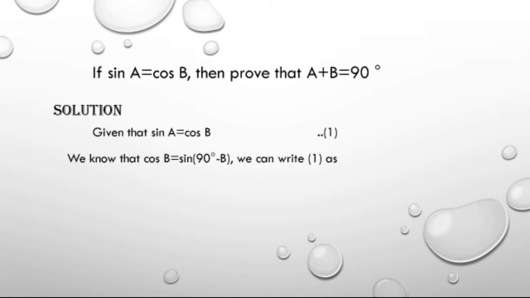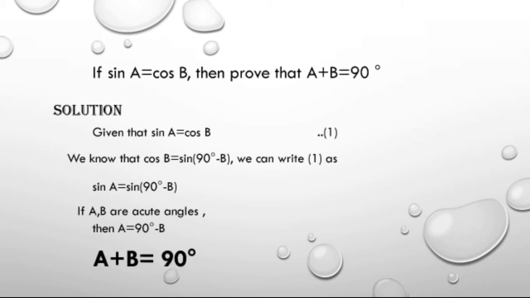So we can write 1 as sin A equal to sin(90° − B). If A, B are acute angles, then A equal to 90° − B. If we transpose B, A + B equal to 90°.